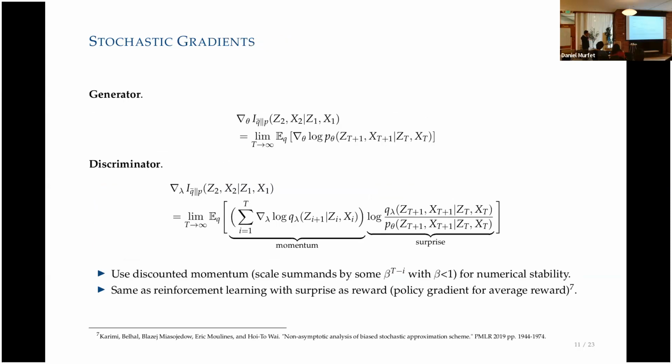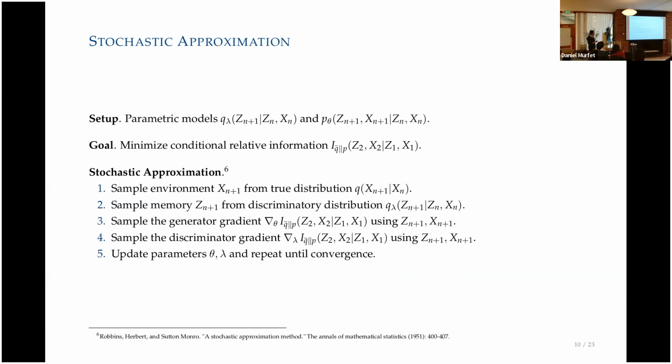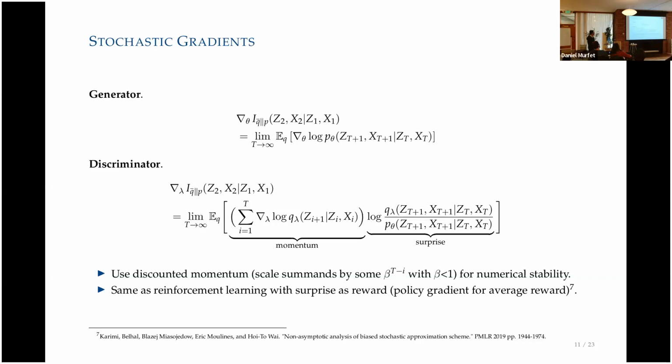The interesting things happen in steps 3 and 4 of this algorithm. In step 3, nothing very unusual happens. This is the usual log likelihood evaluated at my data, and then I'm taking the gradient of that log likelihood.